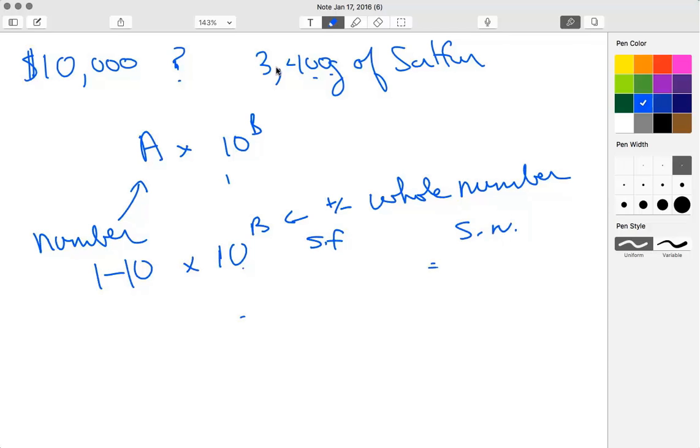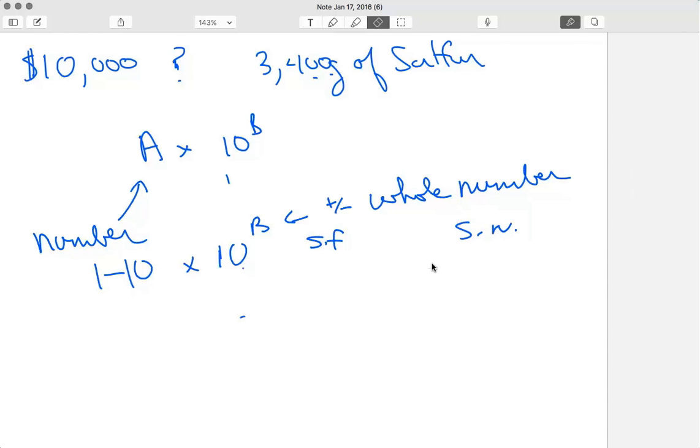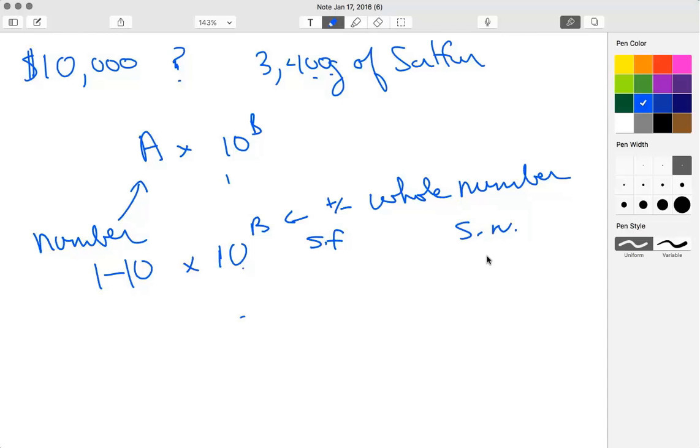If it has just one, we would round it first of all, and we would just say 3 times 10 to the 3. We'd round that down to 3,000. If it had two significant figures, we would call it 3.4 times 10 to the third power.